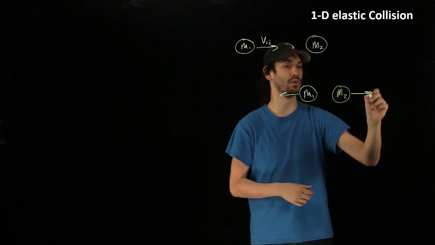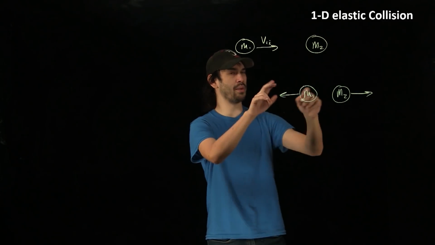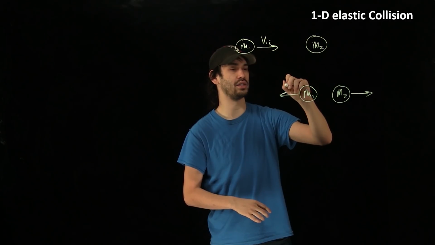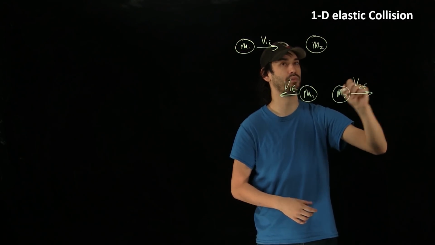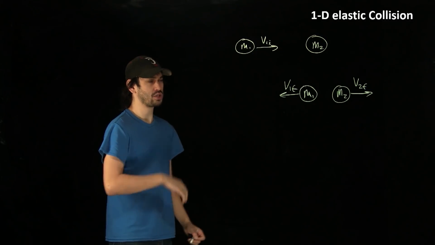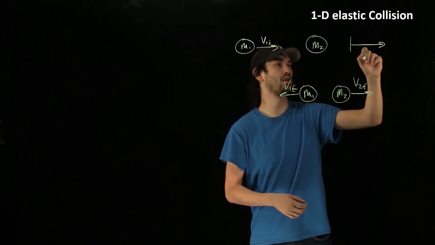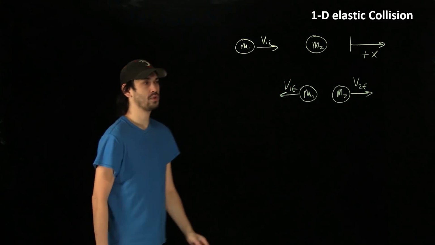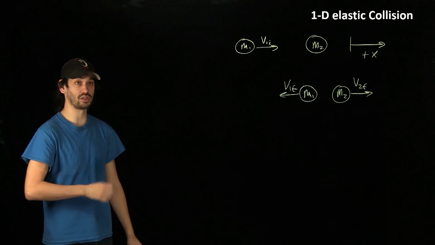And this object 2 is going to start moving off to the right. So we can label the velocities that we have here as v1f, and we can call this one v2f. Okay. So we have our initial state and our final state. It's also good to draw some coordinate system, and so we'll say that this is going to be the plus x direction.